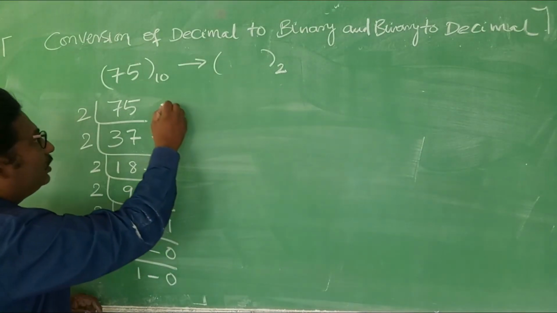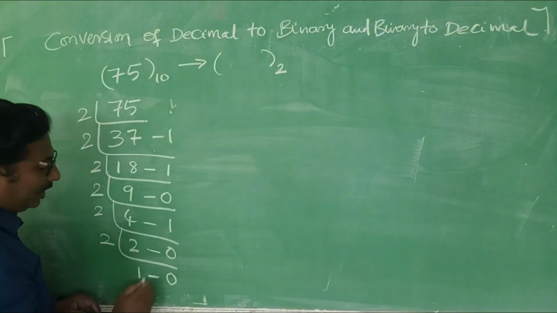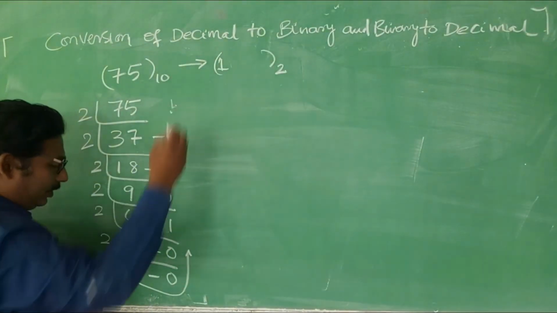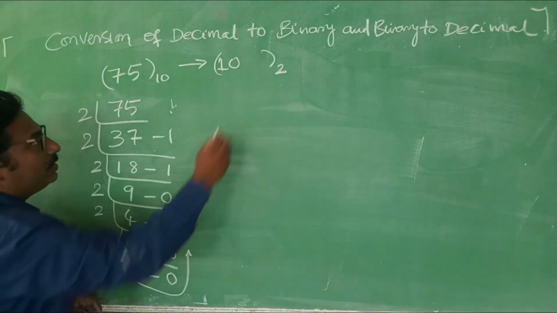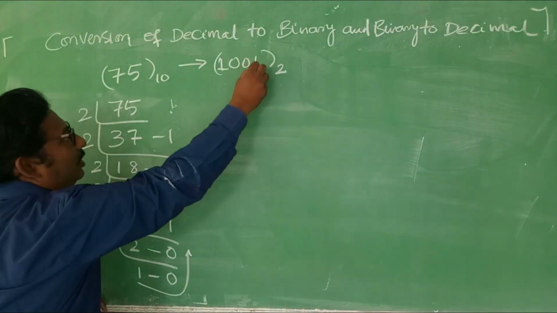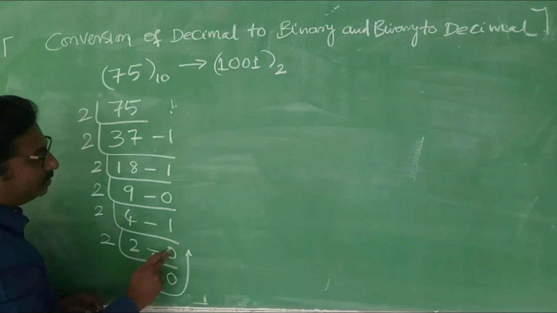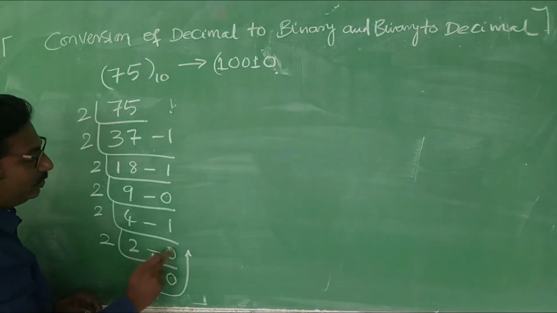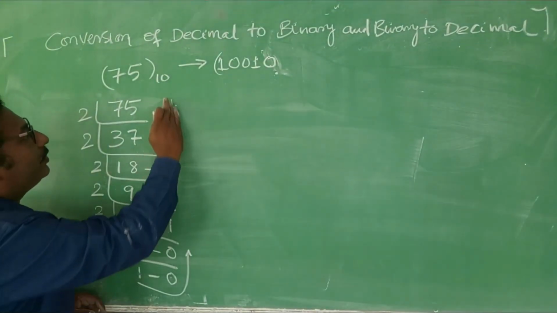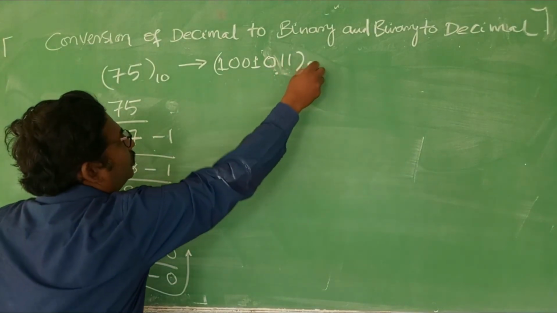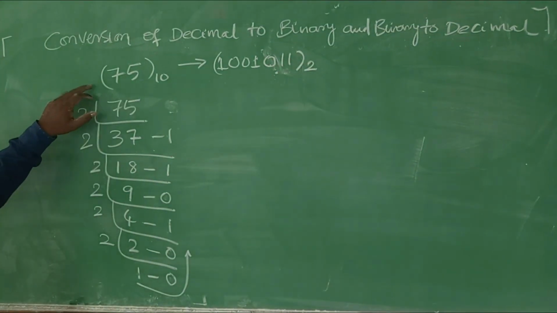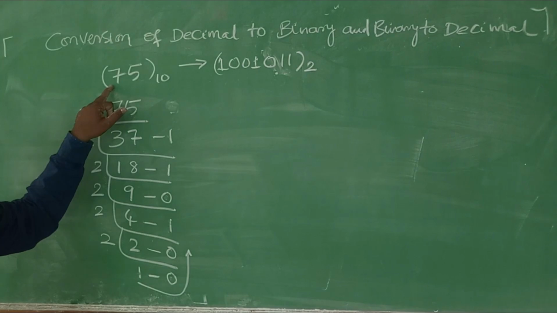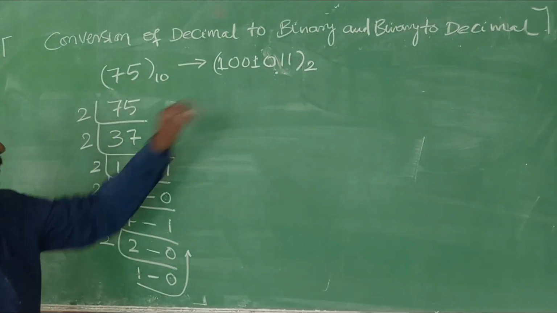So the output, reading from the last remainder, is 1001011, base 2. So we converted decimal number 75 to base 2. That means a decimal number is converted to a binary number.